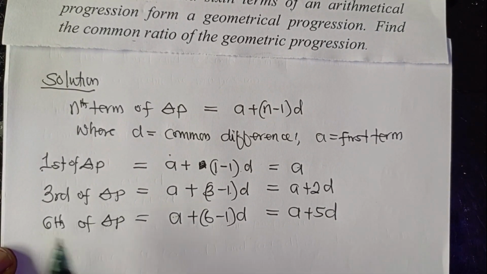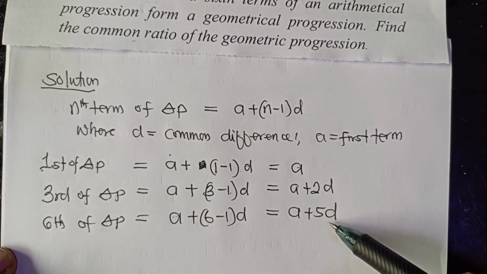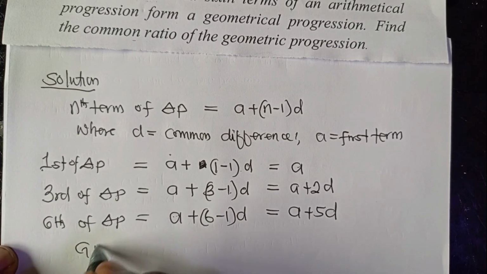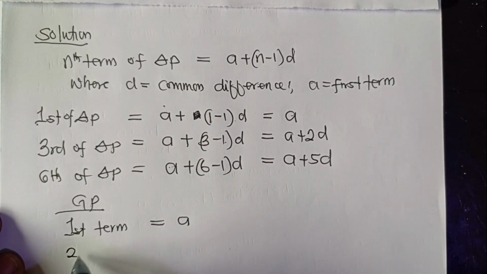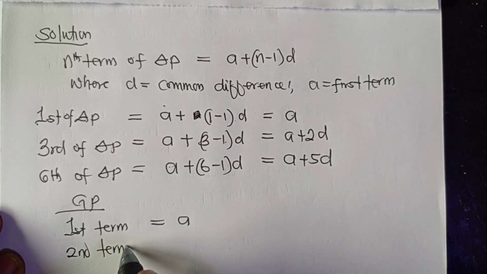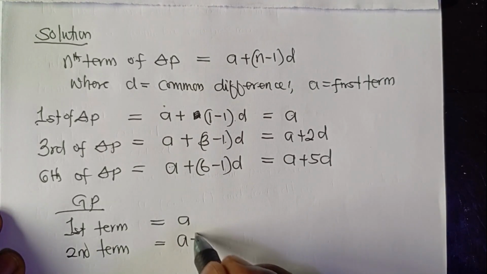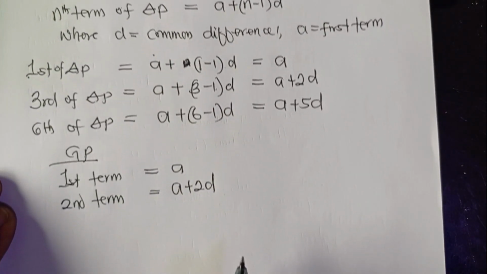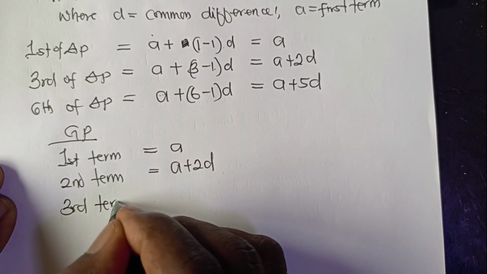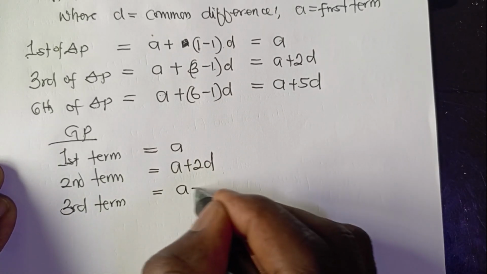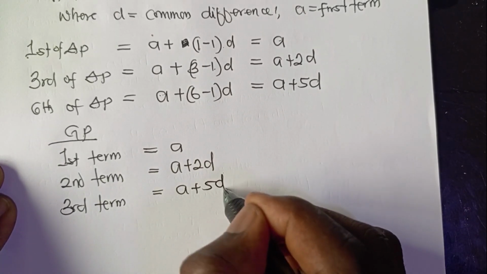Given that these terms form a geometric progression, for the GP we have the first term equals a, the second term equals a plus 2d, and the third term equals a plus 5d.